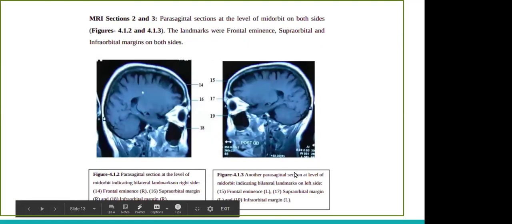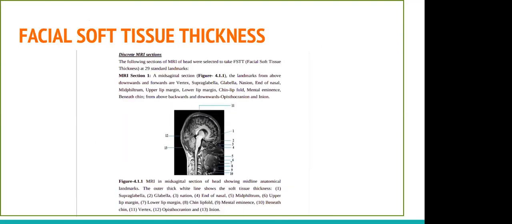And then there are mental eminence and chin lip fold. There's a depression right under the lip, and that depressed point is called chin lip fold. Mental eminence is the protruded part of the chin.